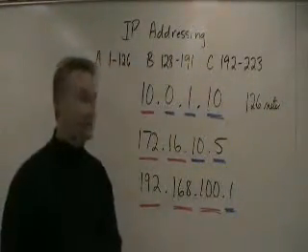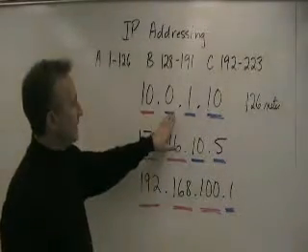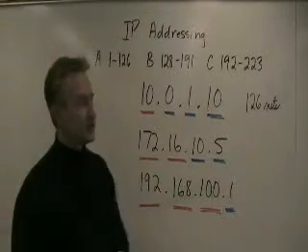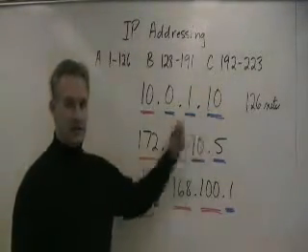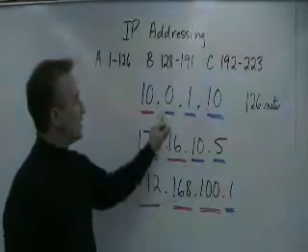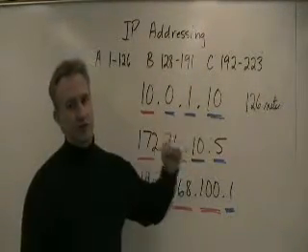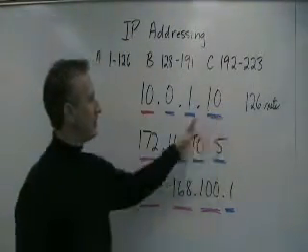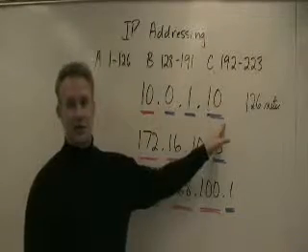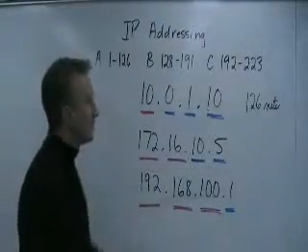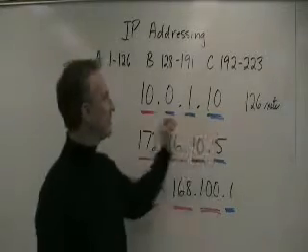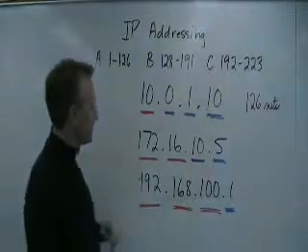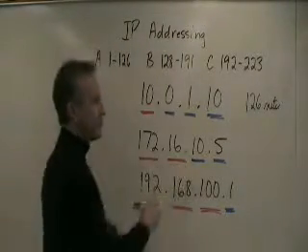On the other hand, if I look at these three octets that make up the host portion, it's the combination of the three, not any individual number. Because each of these numbers can be 0 to 255, I have a total number of possible combinations of just over 16 million hosts within each network.